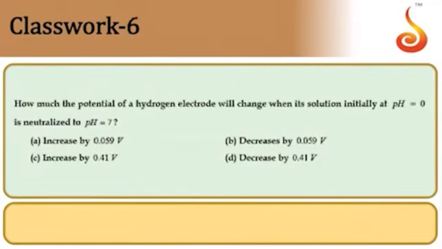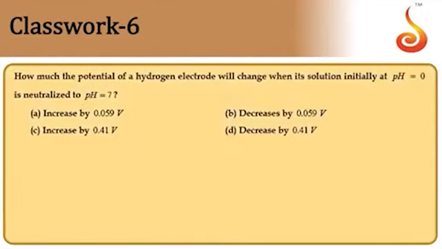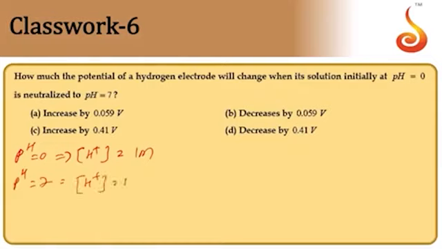How much will the potential of the hydrogen electrode change when its solution, initially at pH 0, is neutralized to pH 7? Now pH 0 implies hydrogen ion concentration is equal to 1 molar, and pH 7 implies hydrogen ion concentration is equal to 10 to the power of minus 7.